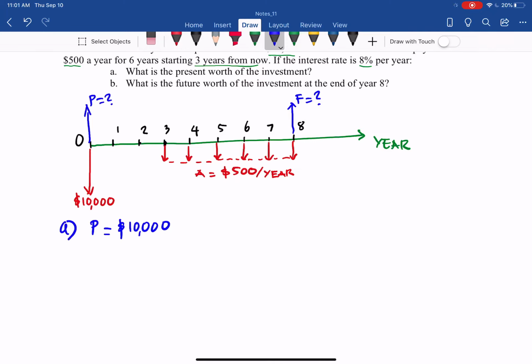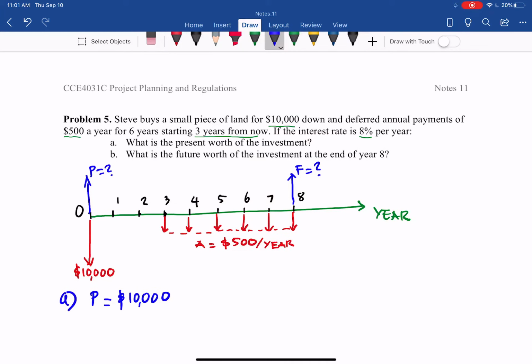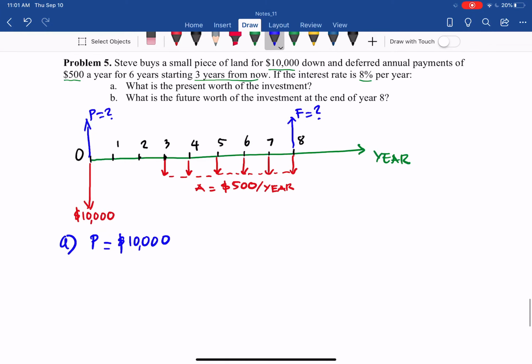So in this case, P at now, you spend $10,000 now for the down payment, plus the equivalent of the A for 6 years. So what does that mean?